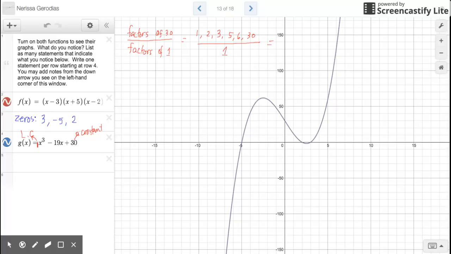So now if I divide 1 over 1, I'm going to get 1. If I divide 2 by 1, I get 2. And then 3 by 1, I get 3. So I'm going to get 5, 6, 10, 30. I forgot 10 in here.